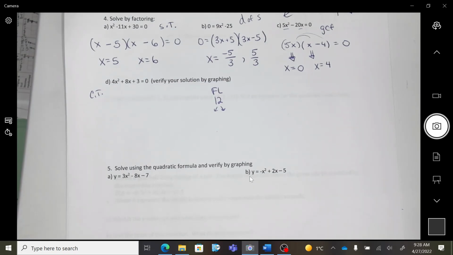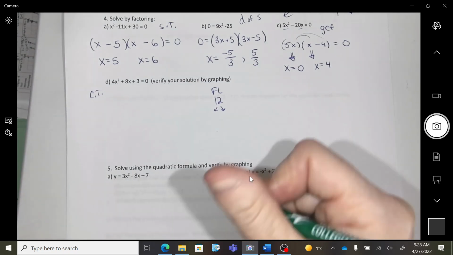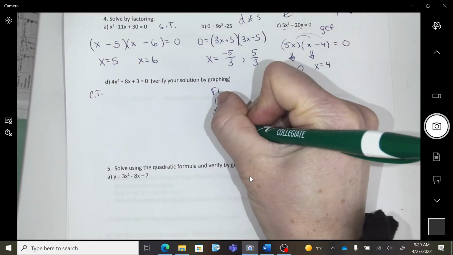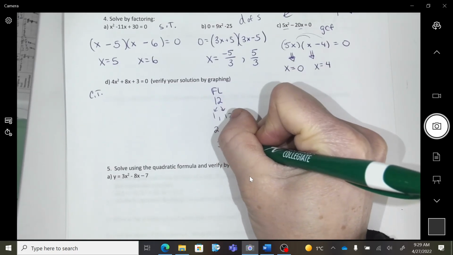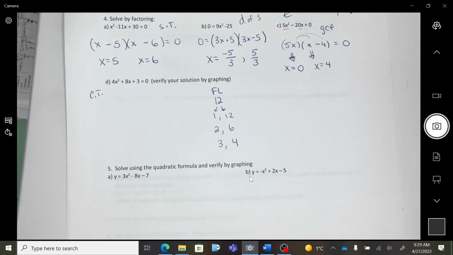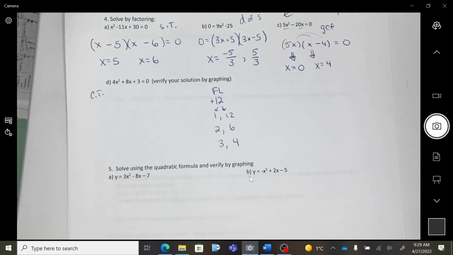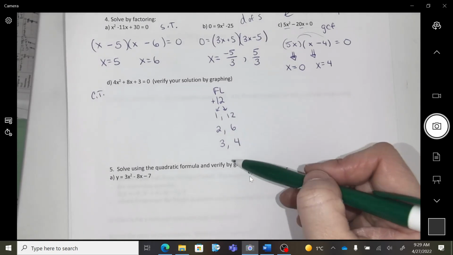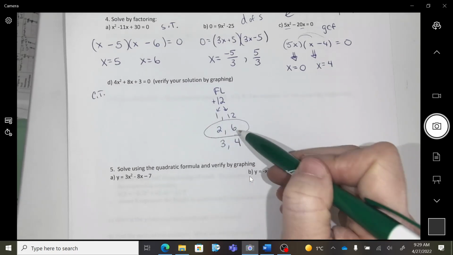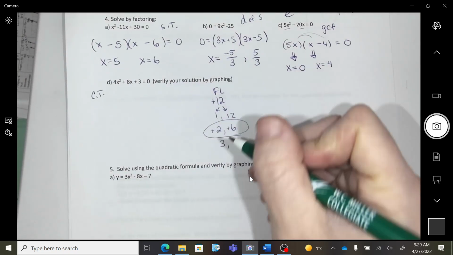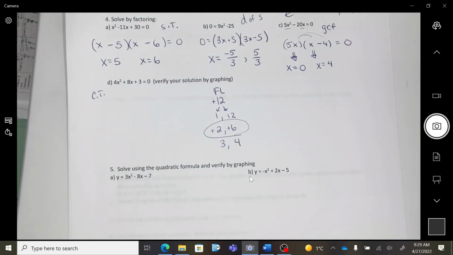I could go with what multiples of 12? 1 times 12, 2 times 6, or 3 times 4. And I need it to make a plus 8 when I add those two numbers together. So which set? So those two numbers are going to multiply to plus 12 and add to plus 8.